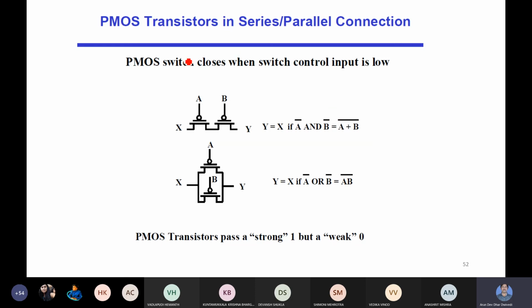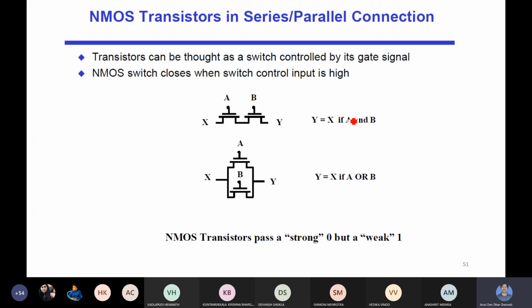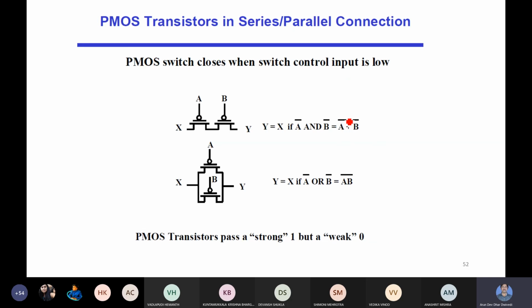For the PMOS case here, A and B you are applying, and you are applying X here, and you get Y. So Y will be X when A bar and B bar. Here A bar and B bar will be done. It was implementing A and B for NMOS, but PMOS will implement A bar and B bar if it is connected in series.